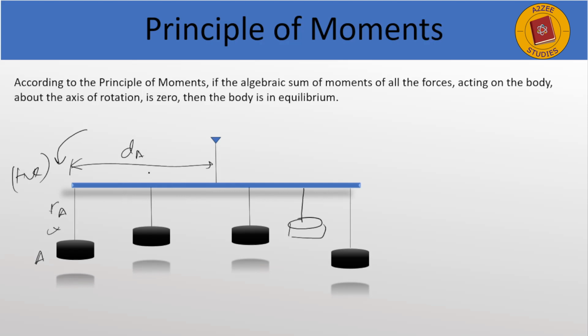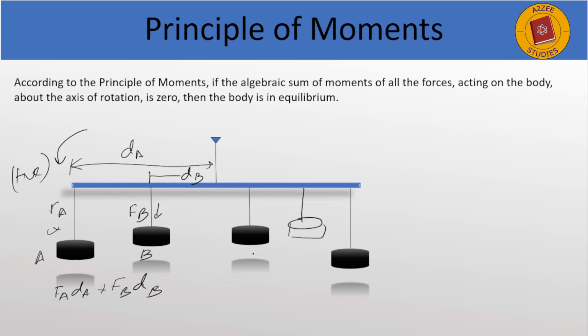So what will be the distance? Let's assume this distance to be dB, this weight is B, and the force applied by this object B is FB. So what will be the total moment on the left hand side, the positive or anti-clockwise moment? This will be FA into dA plus FB into dB.